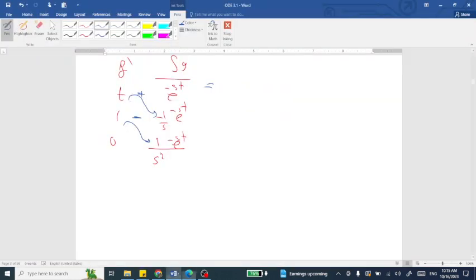So you will get minus t e to power minus st over s, minus, and then 1 over s square e to power minus st.